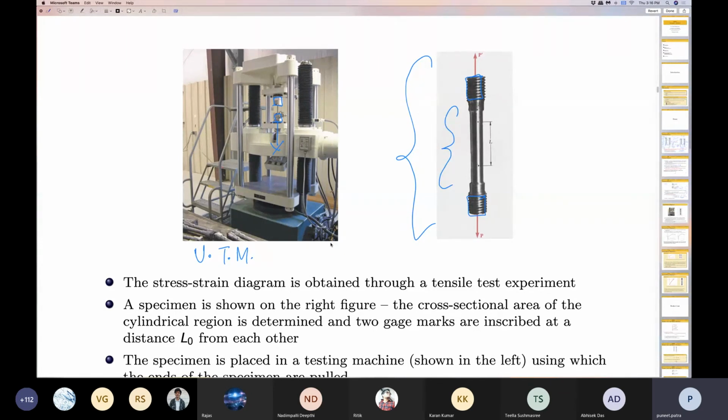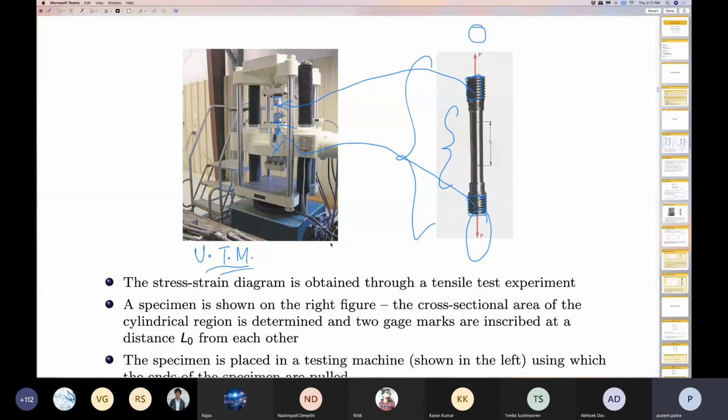This is a perfectly cylindrical region before any kind of deformation. As a result, the cross-sectional area of this cylindrical region is going to be circular. So imagine that you have fixed the top part over here and you have fixed the bottom part over here, and you are pulling the bottom part of the UTM downwards. So what are you doing?